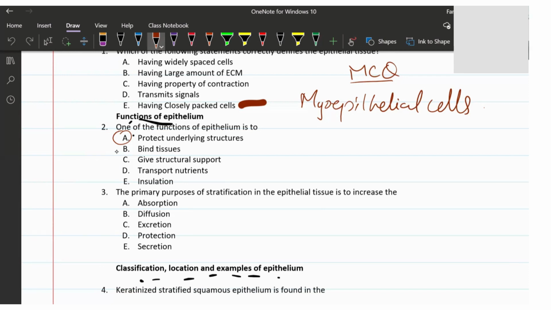That is, they have several layers of cells. So the purpose of stratification, that is layering in the epithelial tissue, is to increase the absorption, diffusion, excretion, protection, or secretion. So the correct answer is protection from abrasion and external forces or pressures.